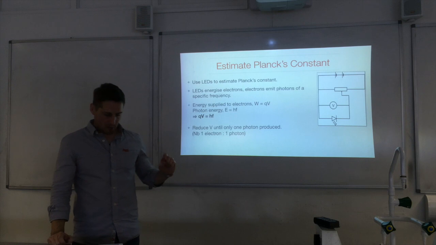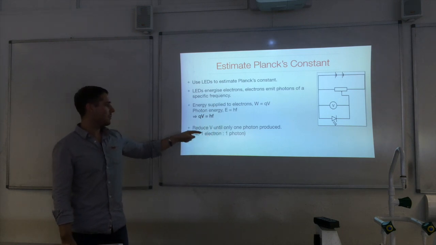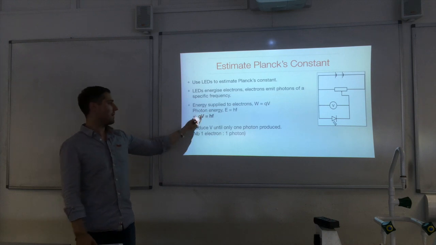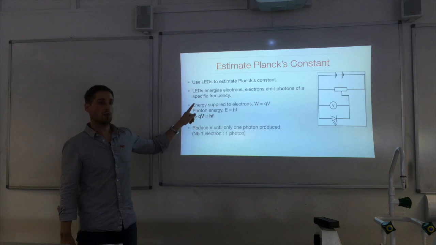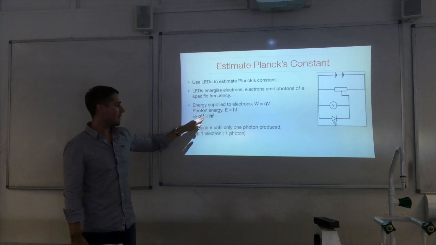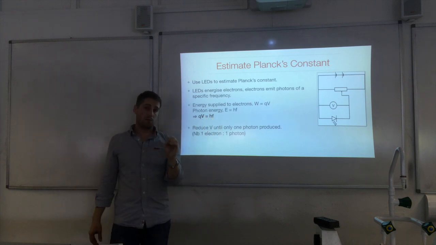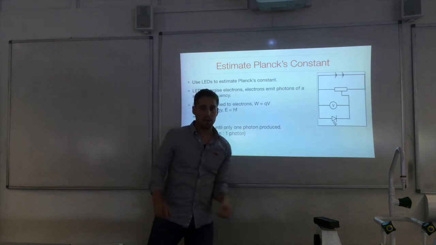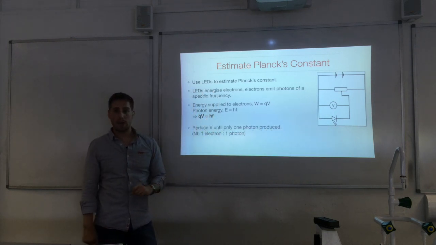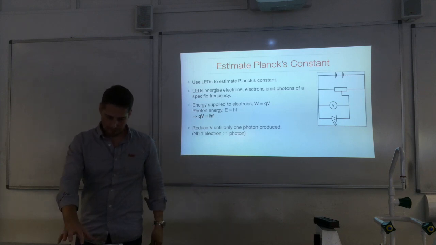And that will enable us to find the voltage required to produce that photon, and then of course we know what the energy is, because we know the charge of an electron. So we find that this potential difference gives us the photon energy. We know what frequency of photon is produced in our LED, so the only unknown is h. So that gives us a way to work out what Planck's constant is.